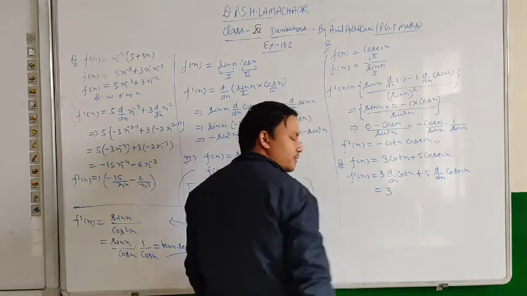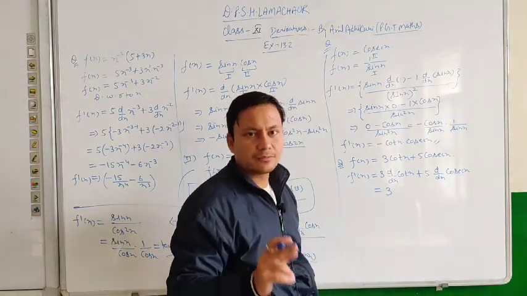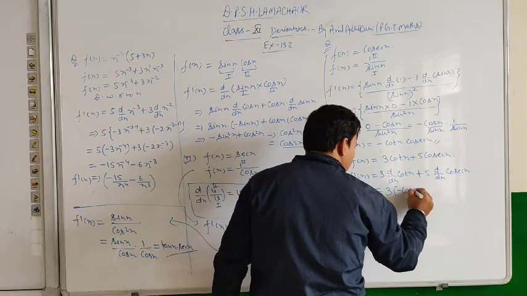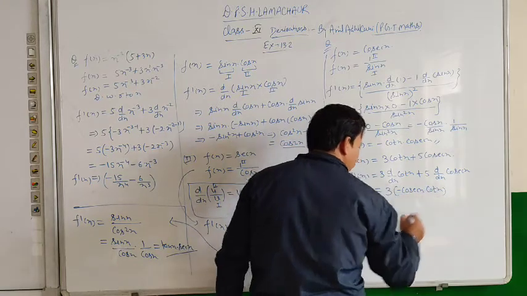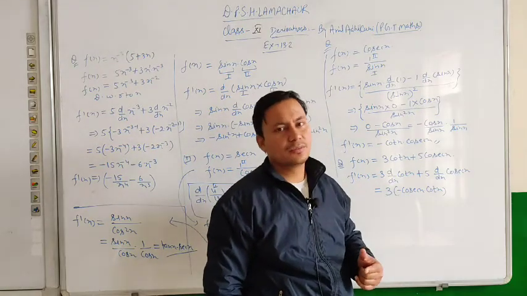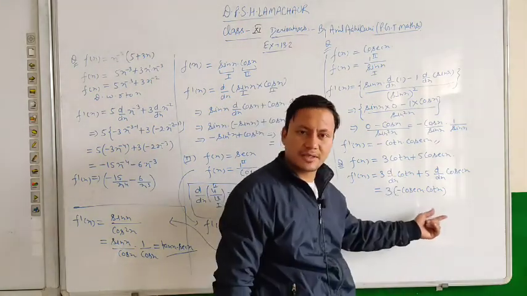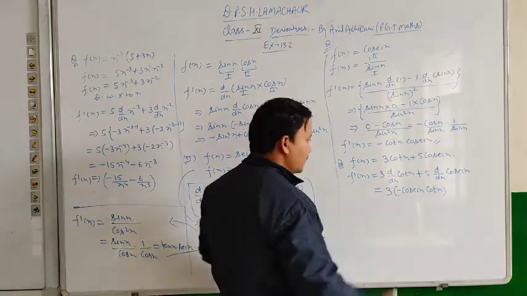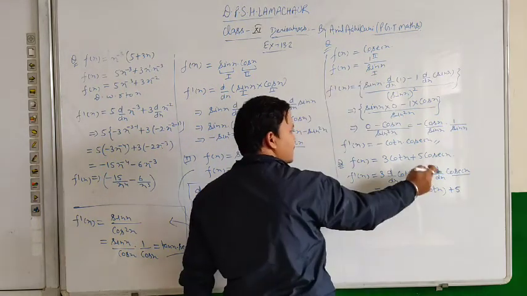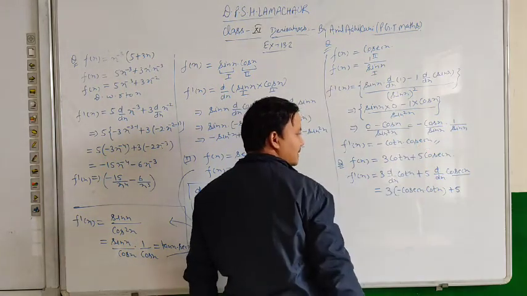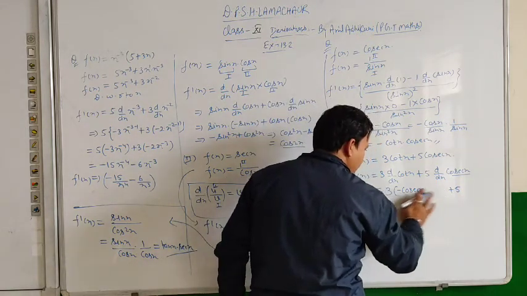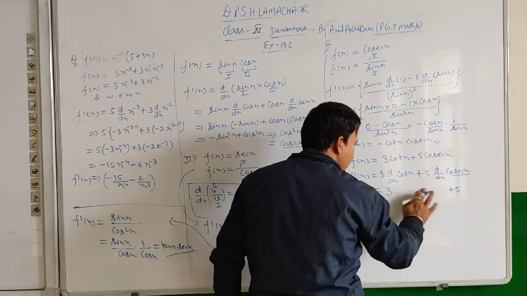Now, what is the derivative of cot x? I have proved this one. I found the derivative of cot x in the Google Meet doubt clearance class, where I told you how to find the derivative of cot x with the help of first principle. Plus 5 times derivative of cosec x, which is minus cot x into cosec x. Wait, this is wrong. Sorry. The derivative of cot x is minus cosec square x.